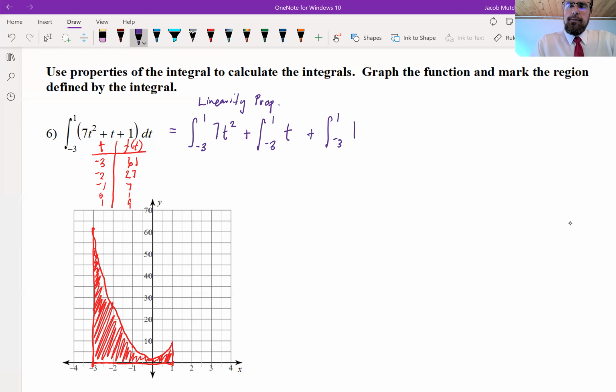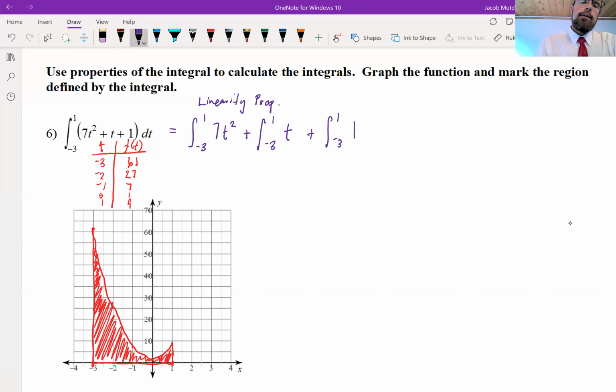So we're set for this second and third one. Those ones we have formulas for already. That's the constant property of integral of a constant. This is the formula for integrating the linear parent function.